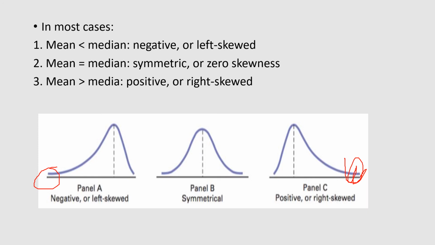So in most cases, you can conclude that when the mean is less than the median, we would end up with a left skewed distribution. And when the mean is equal to the median, we have no skewness at all. That means zero or a symmetric distribution. And when the mean is greater than the median, then we have positive or right skewed. The tail is on the right.